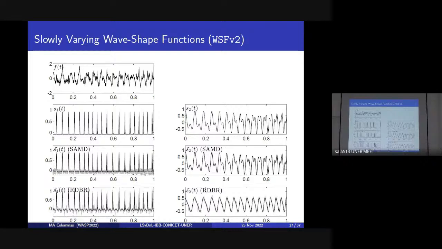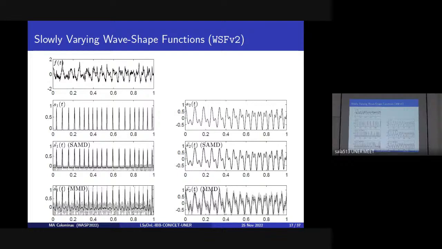The same for RDBR, and the same for MMD, which is more or less able to follow the change of this waveform, but with much more error. You can see a lot of error here, a lot of gray behind that curve.